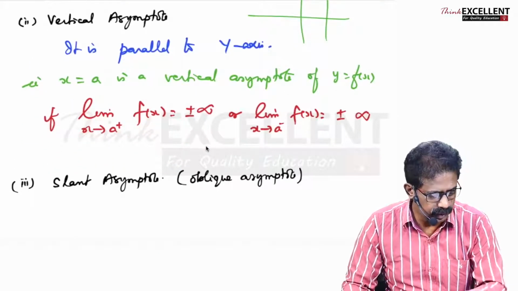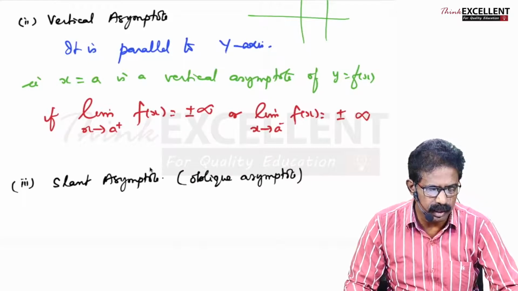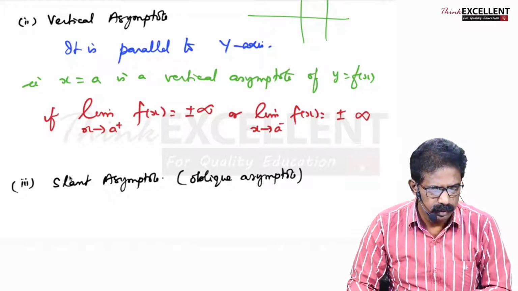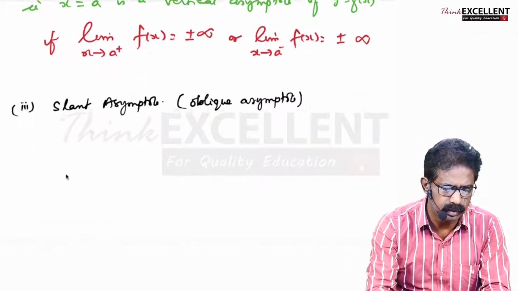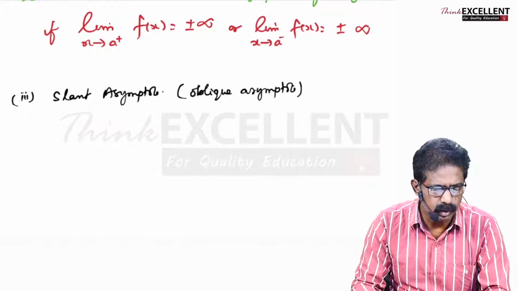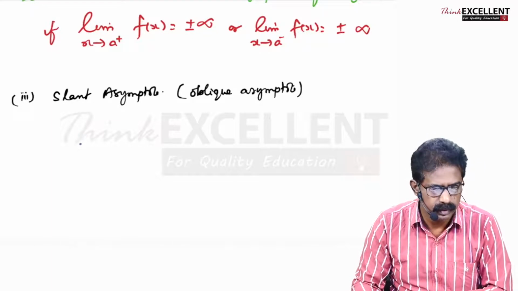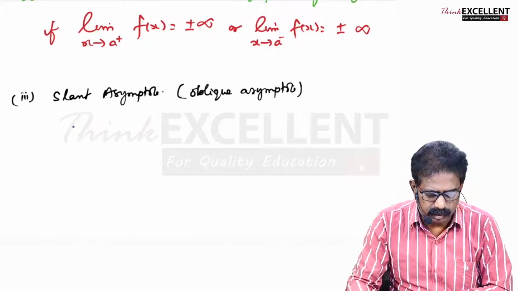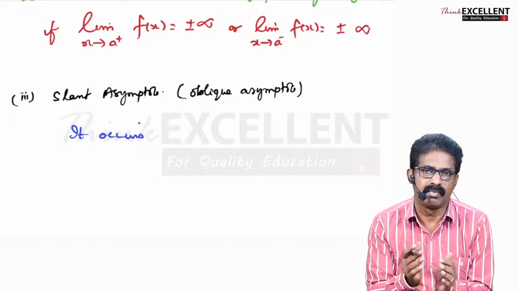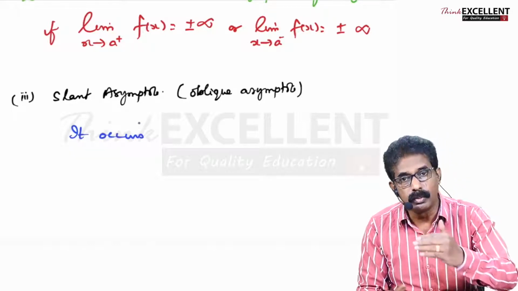And the last one is called slant asymptote, or another name is oblique asymptote, okay? So here, slant asymptote, I'll tell you how to find that, but you must know when it occurs. They give one expression, a function of x, so numerator, denominator.